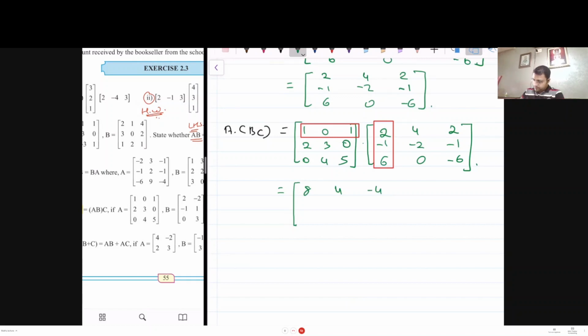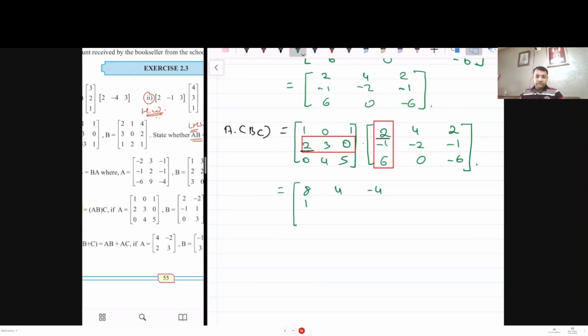So 2 and minus 6, minus 4. Okay. Once again we will do it for the second row. 2 into 2, that is going to be equal to 4. 3 into minus 1, that is going to be minus 3 and the last is 0 already. So 4 minus 3, that is going to be equal to 1. Repeating the procedure for the second column.